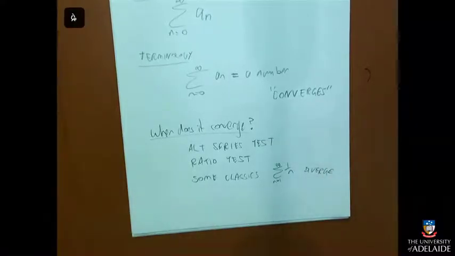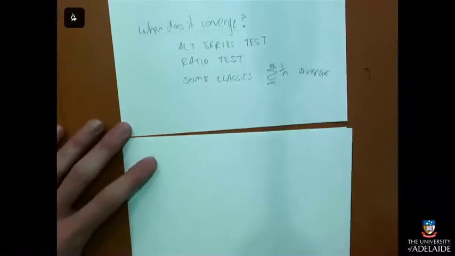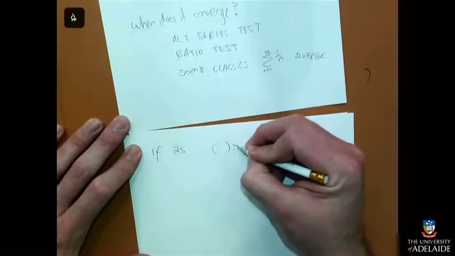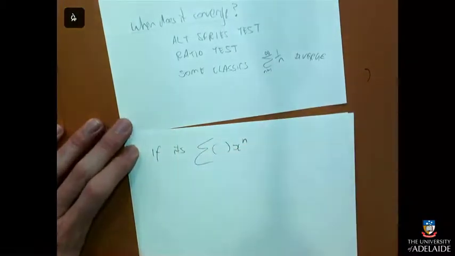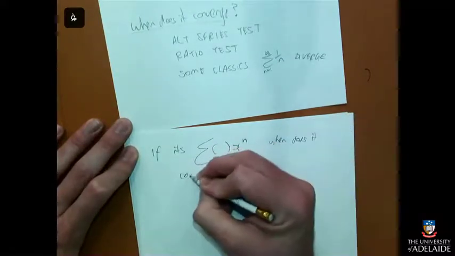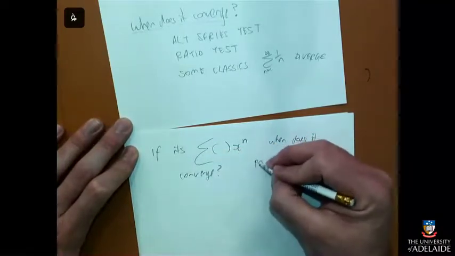So, okay, that's good. And then we want to know, if I have a different one for every x, when does that converge? I don't really care about having whatever I want for any x. I really care about the ones that are basically polynomials, because that's what I'm interested in, doing polynomials forever. So if it's like something times x to the n, when does it converge? Because that's my infinite polynomial.